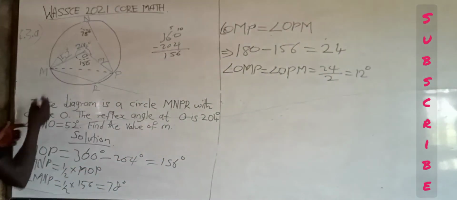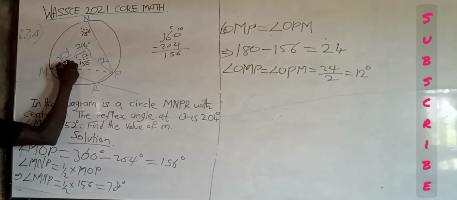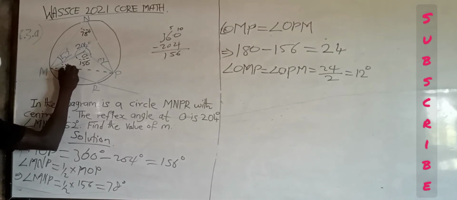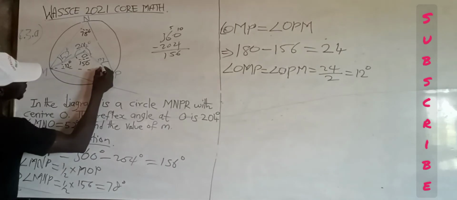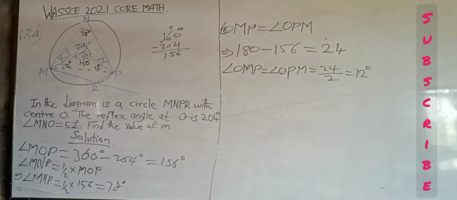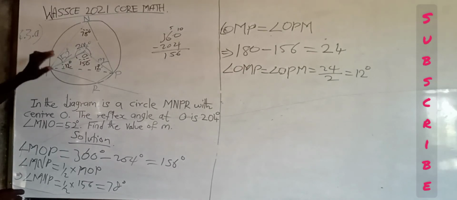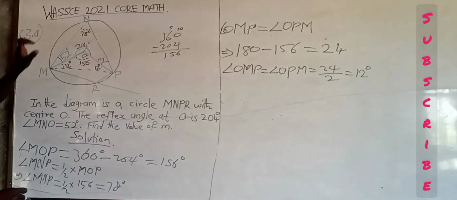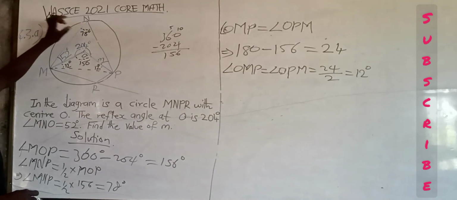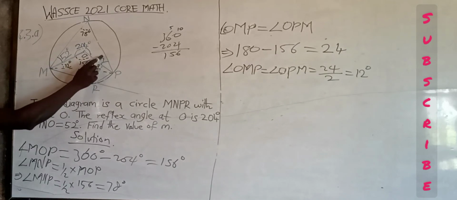Therefore, the angle here is 12 degrees and the angle here is 12 degrees. So we have 52 here, 12 here, 78 here, 204 here, 156, and we have M here.